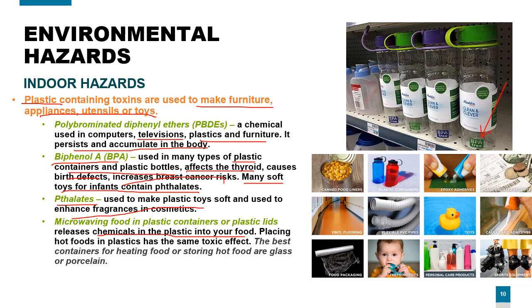Okay? So, the best containers for heating food or storing hot food are glass or porcelain. So, tama. Dapat sa inyong mga bahay, mas nire-recommend na gumamit kayo ng mga glass. Okay? Yung mga porcelain ninyo. Para at least, ito kasi yung mga containers na at least hindi nagbibigay ng toxic sa inyong mga pagkain.